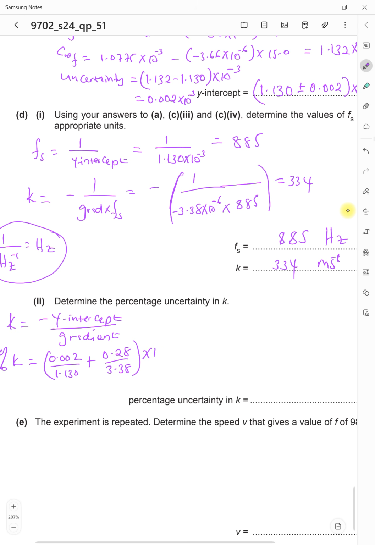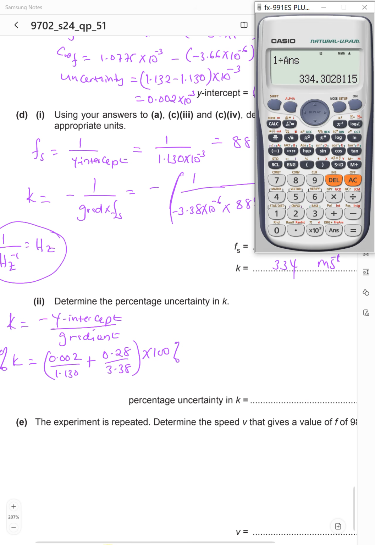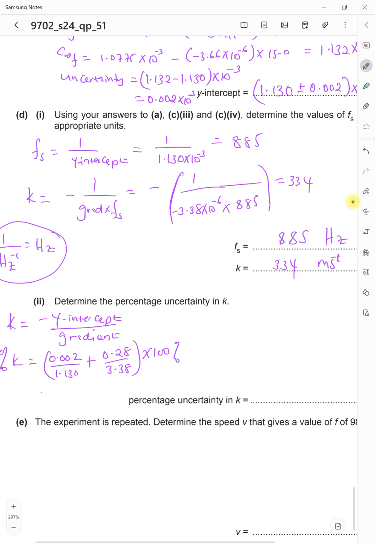Then I'll multiply this by 100. So I have 0.002 divided by 1.13 plus 0.28 divided by 3.38, then times 100. So that is 8.5%.